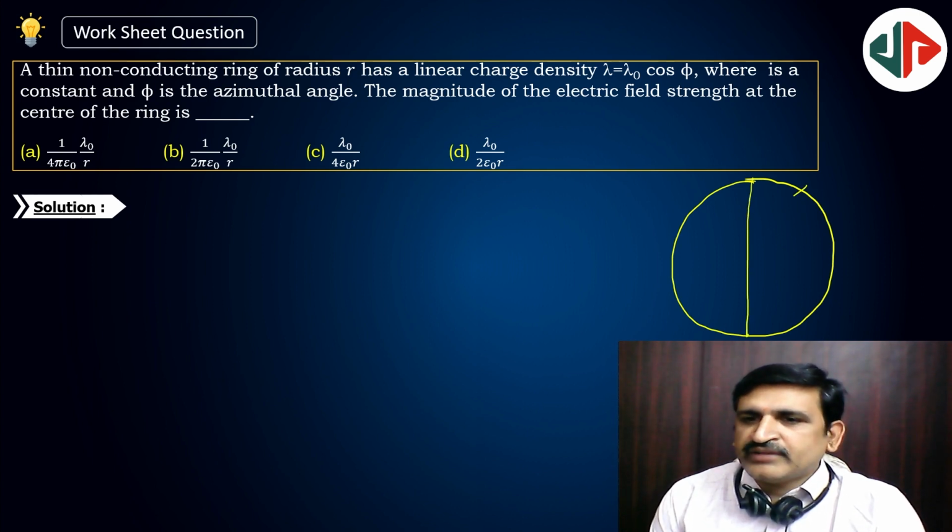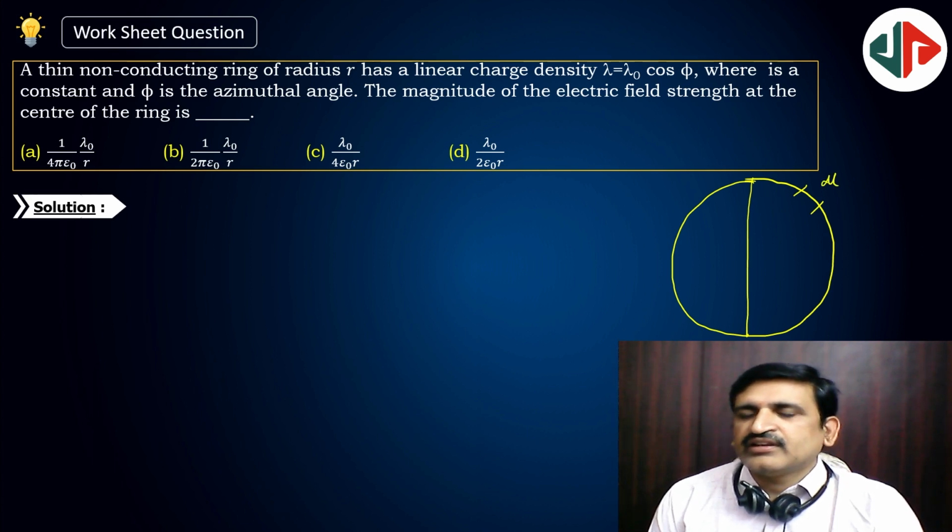Here I am taking an elemental length dl, and you know dl is equal to r into d angle. Here I take this angle d phi, measured from north onwards, so this is phi. So dl is equal to r d phi, like l is equal to r theta.